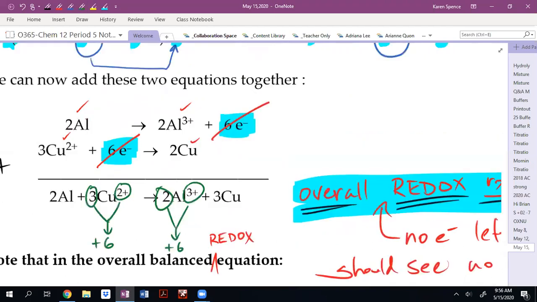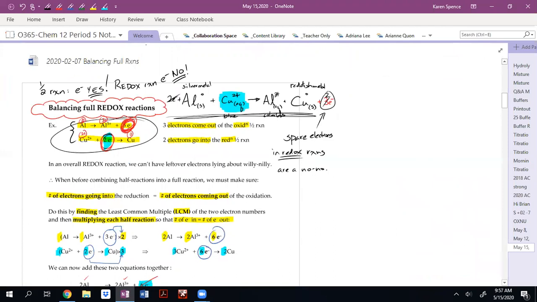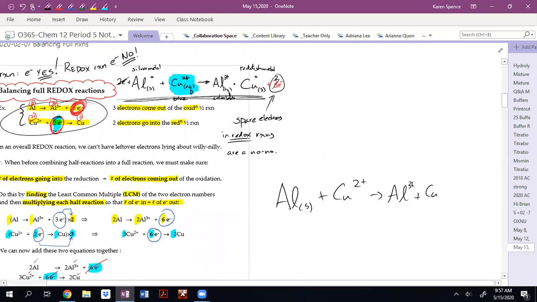So if I just bring back what I wrote earlier, maybe I'll rewrite it because it was so ugly. I wrote all over it. I had Al solid plus Cu 2 plus gives Al 3 plus plus Cu. If you're in grade 10 or 11, you would say, hey, yeah, we're balanced, right? I have the same number of coppers on both sides.